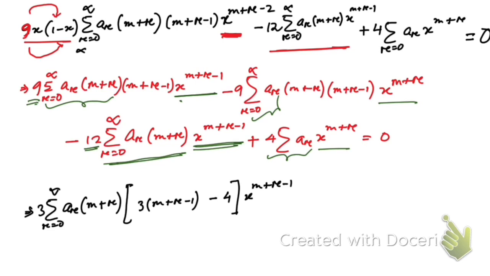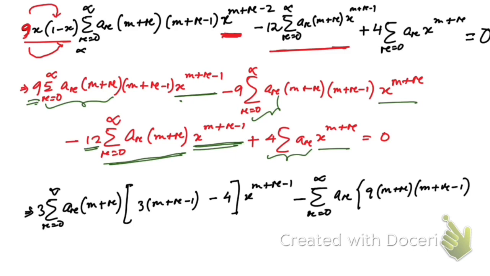So here, taking minus common, minus summation r equals 0 to infinity, a_r is taken common. Then within the bracket we're going to have 9 into (m + r) into (m + r - 1).